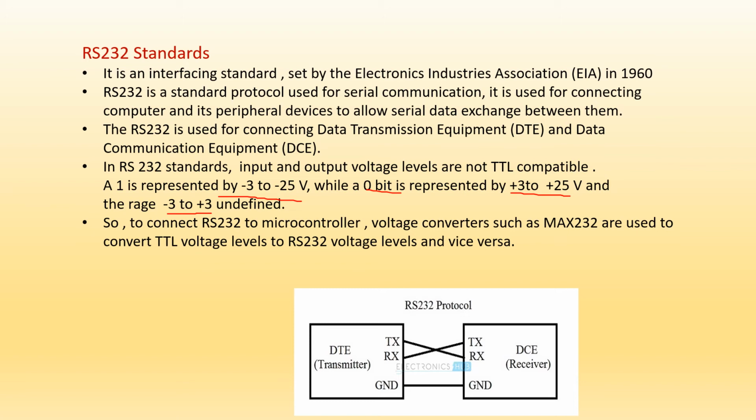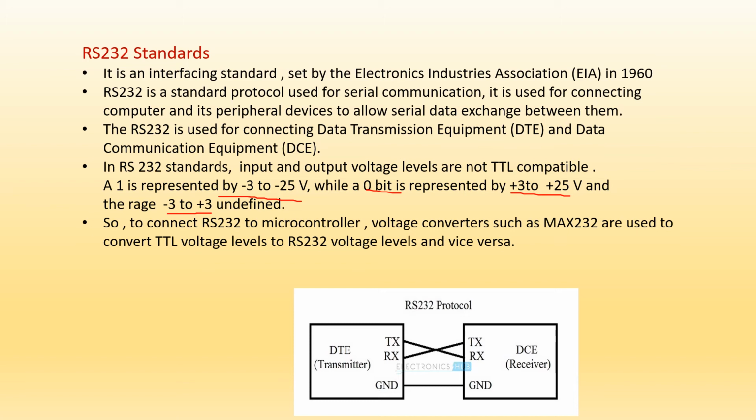The RS-232 voltage levels have to be converted into TTL voltage levels. This conversion is done by voltage converters such as the MAX232 or MAX233, also called line drivers, which convert TTL voltages to RS-232 voltages and vice versa.